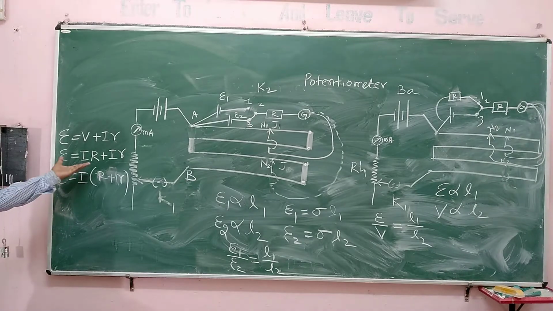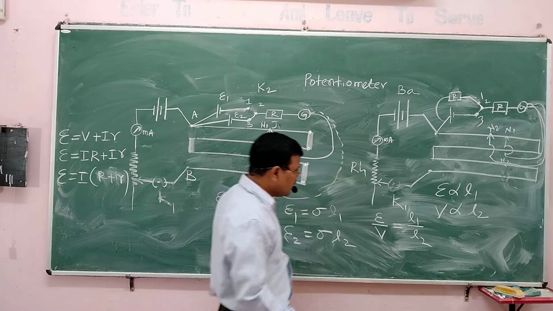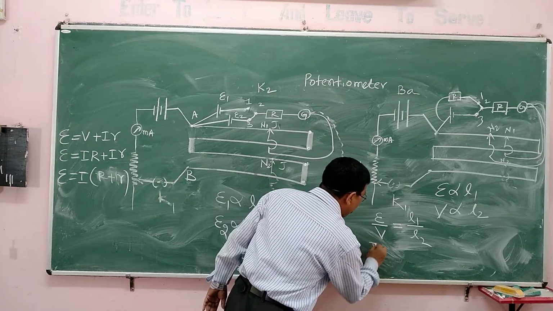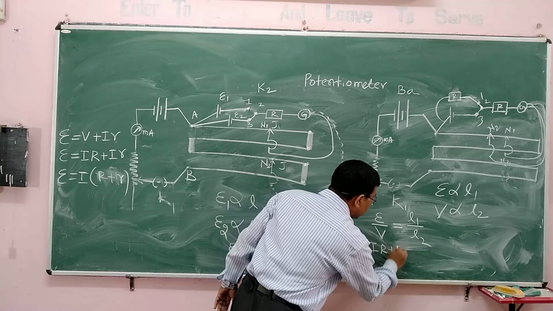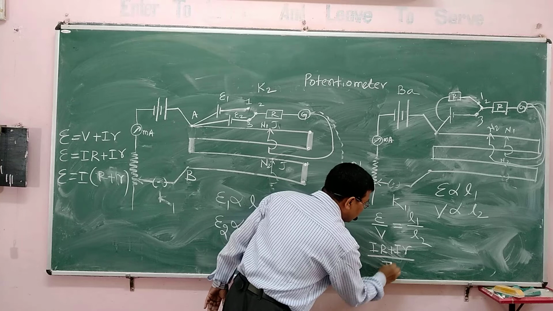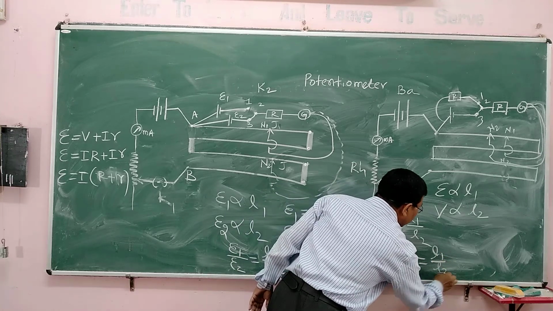Now substitute this value here. E is nothing but I(R plus r) divided by V, which is nothing but IR, is equal to L1 by L2.